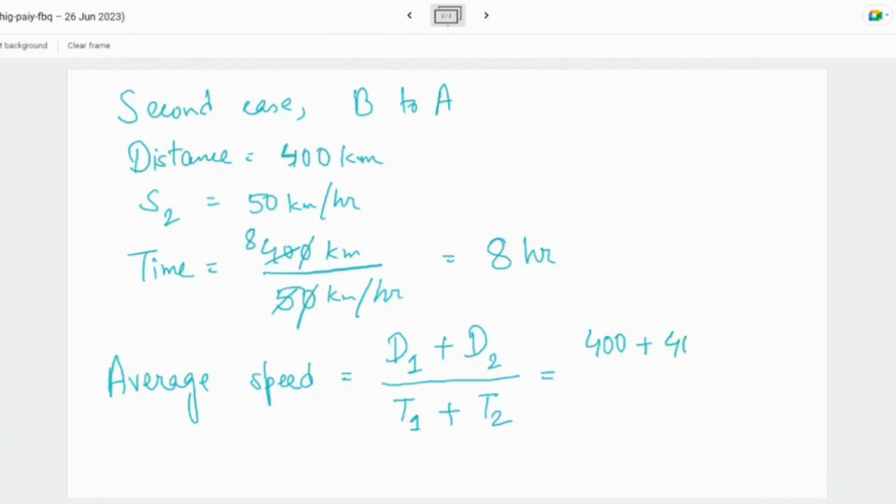Right? Kilometers and hours, which is 800 divided by 18 hours, which if we calculate, will give us 44.44 kilometers per hour.